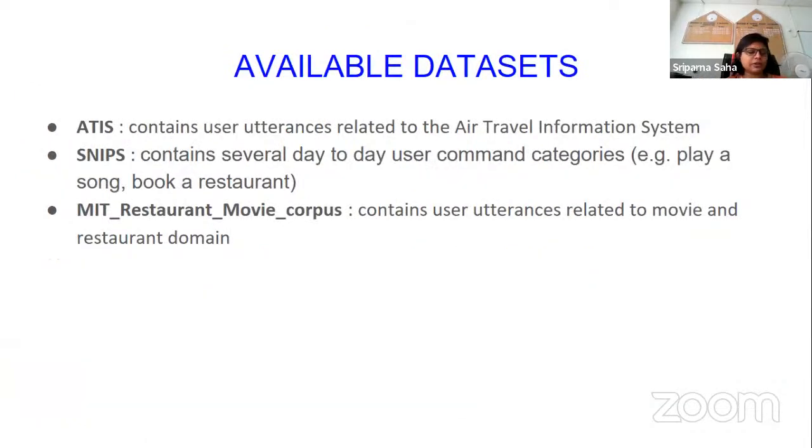Here, as I mentioned, we are using three datasets. ATIS contains user utterances related to the air travel information system, which is a task-oriented setting.